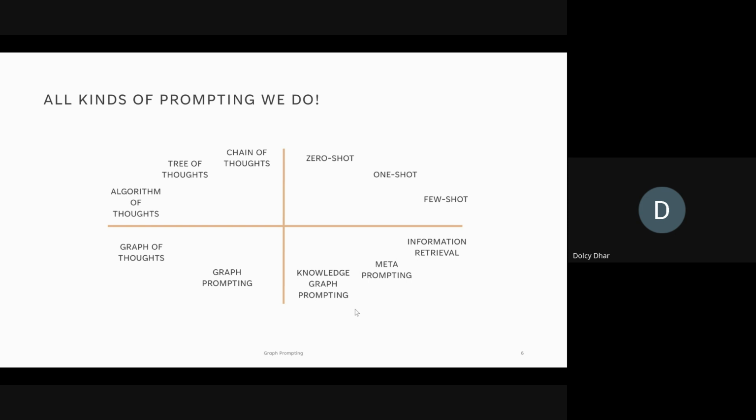A graph is a type of data structure that can model abstract relationships, and more realistic entity relationship capturing is done by graphs. We'll dive deep into knowledge graph prompting and all types of graph prompting as we move further.